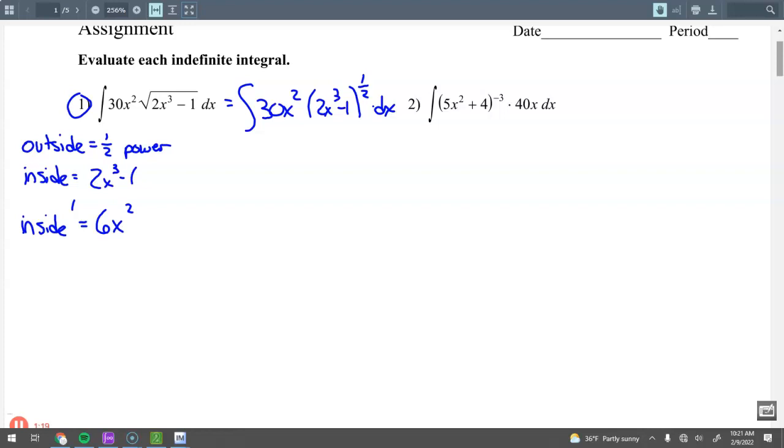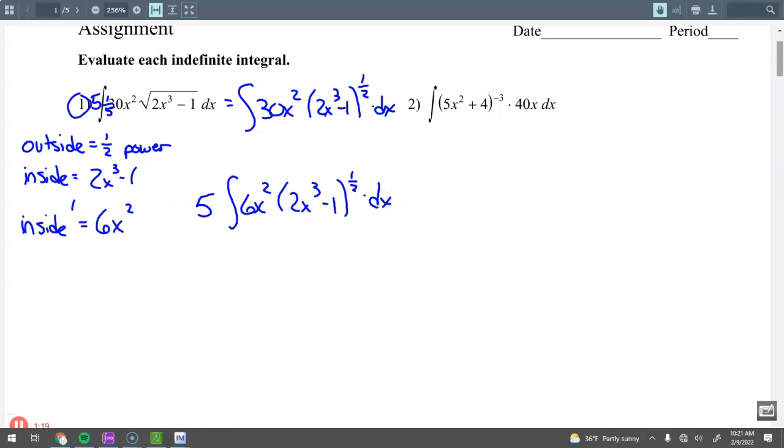When you can only multiply by numbers, you can't multiply by x's. So I'm going to multiply the inside by 1/5. That means I have to multiply the outside by 5. So my new problem is this. That's still 30x squared, right?